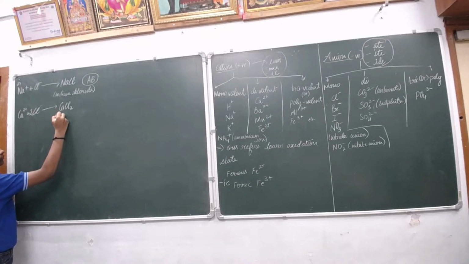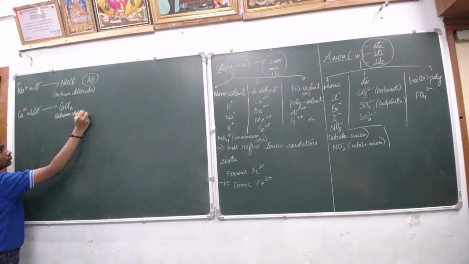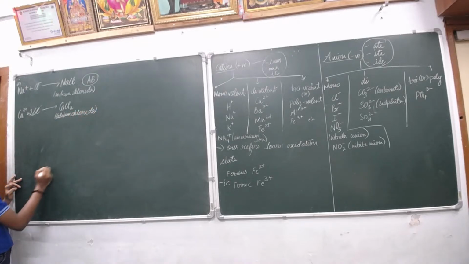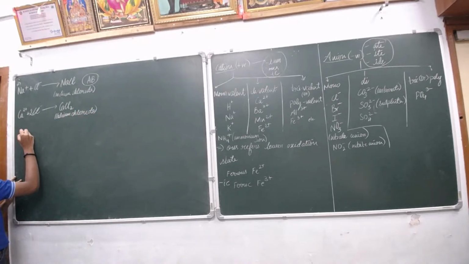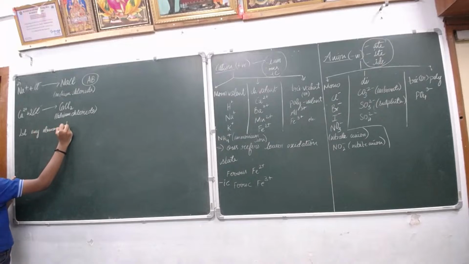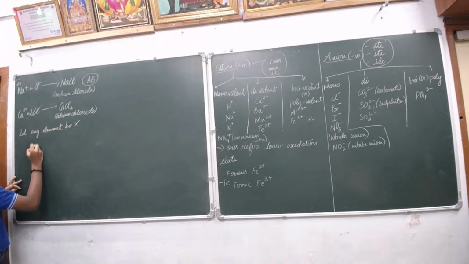Take down. Here I would like to mention one important point. Let me represent any element by X. On the left side, at the subscript you have to mention the atomic number, Z. At the left superscript, you have A, that is the mass number or atomic mass.